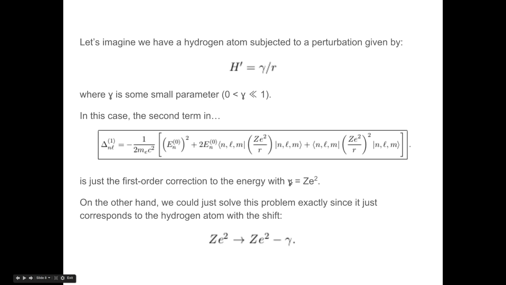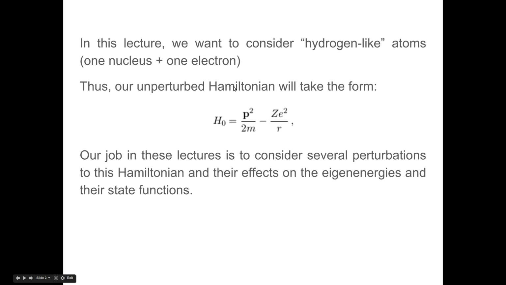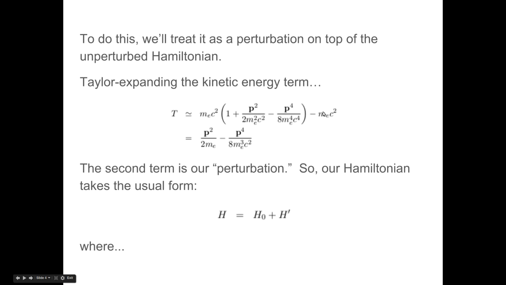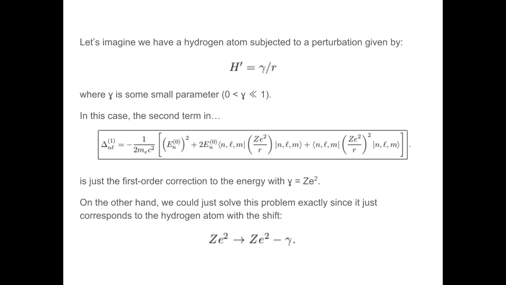So that's how we would approach it in perturbation theory. But at the same time, we could actually solve this problem exactly, and it comes from the fact that this thing goes like 1 over r. Let's go back to the original Hamiltonian here. If I add in that gamma over r, I can actually combine the numerators, and so what it does is basically give you back the hydrogen atom, but the numerator has been shifted.